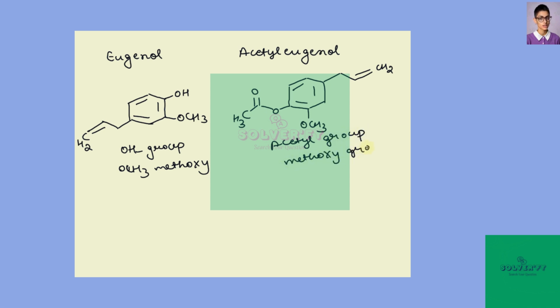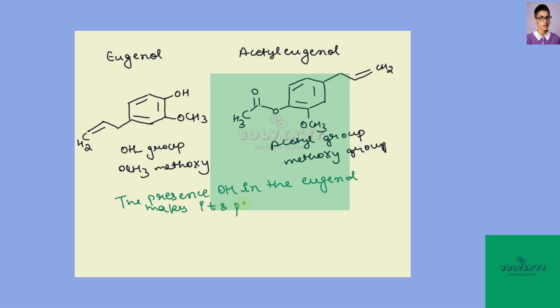So the presence of the OH group in eugenol makes it more polar than acetyl eugenol.